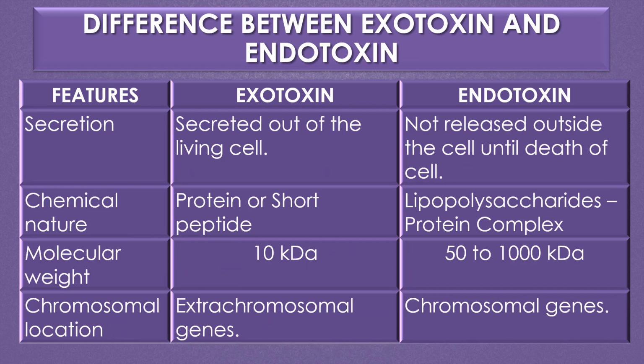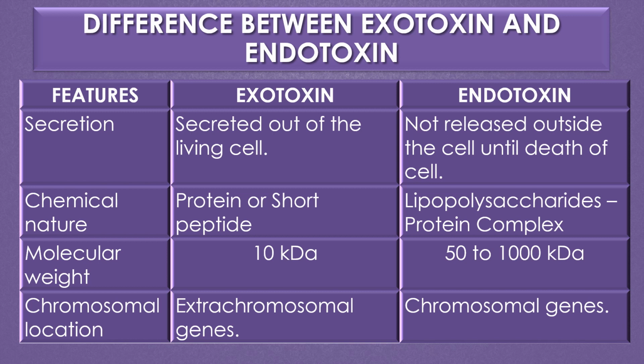Regarding the secretion, exotoxins are secreted out of the living cell, but endotoxins are not released outside the cell until death of the cell. Chemically, exotoxins are made up of protein or short peptide, and endotoxins are made up of lipopolysaccharide protein complex.